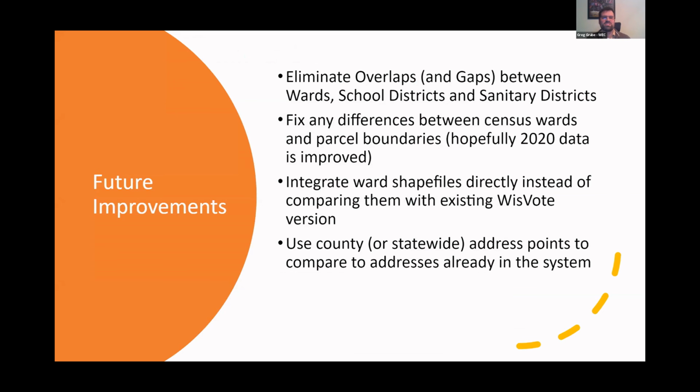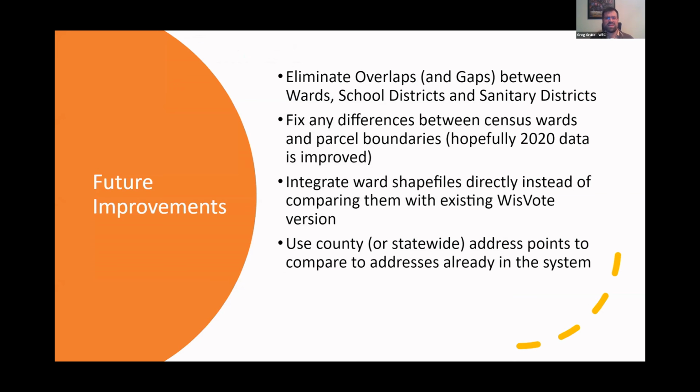As I mentioned, for future improvements, there are gaps and overlaps between the wards, the school districts and the sanitary districts, which cause problems. We're trying to get those situations fixed, which a lot of times relies on going to the sources of that data and getting it fixed.